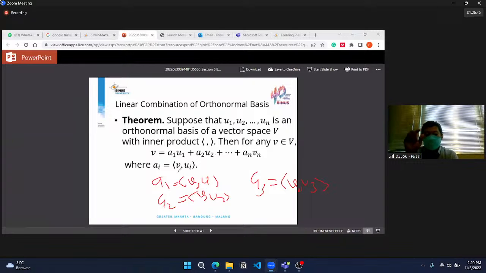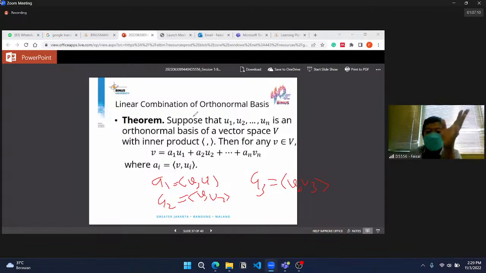So to get the scalars in the linear combination, we just compute the inner product of V with the orthonormal basis.